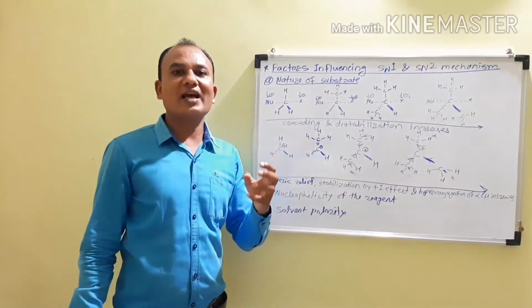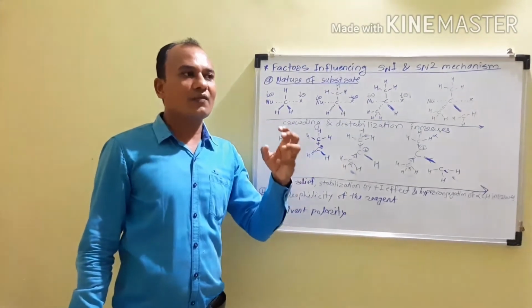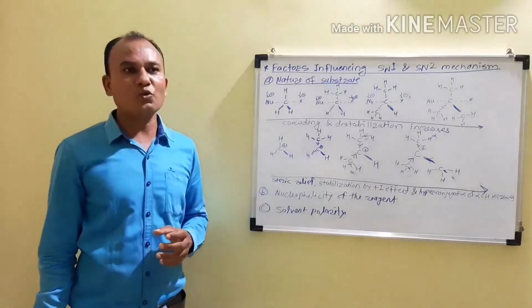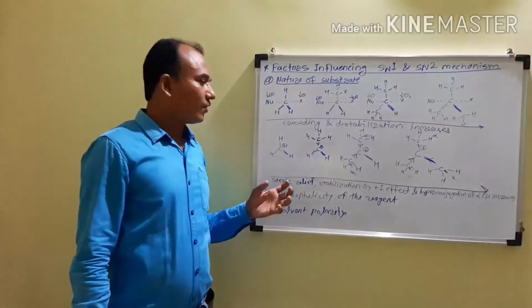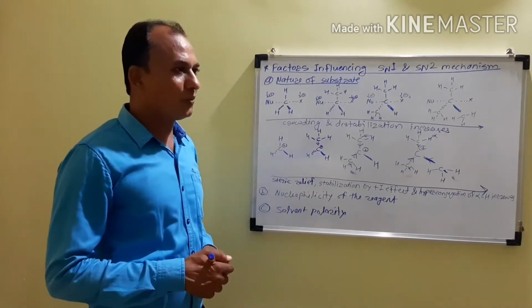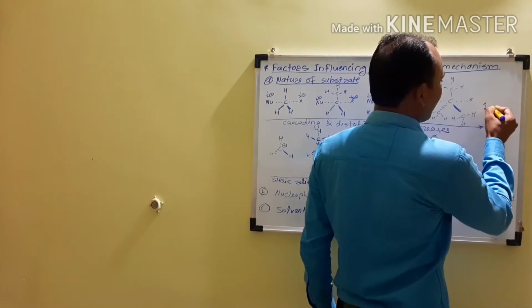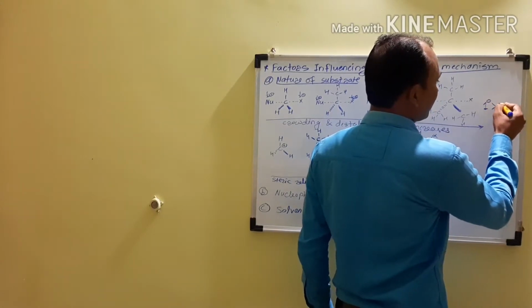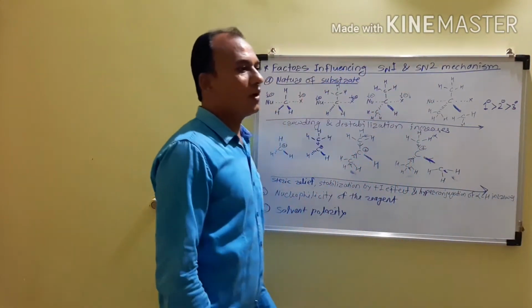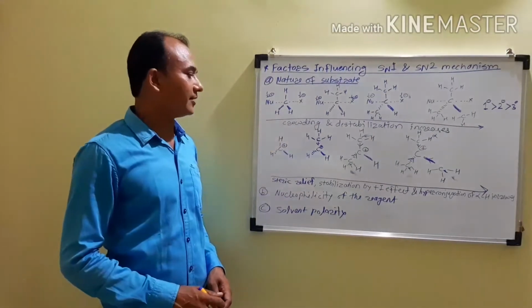The primary alkyl halides have less crowding, and therefore they generally follow the SN2 mechanism. The SN2 mechanism is most favored by the primary alkyl halides, then secondary, and then the tertiary alkyl halides. So generally primary alkyl halides undergo the SN2 mechanism.